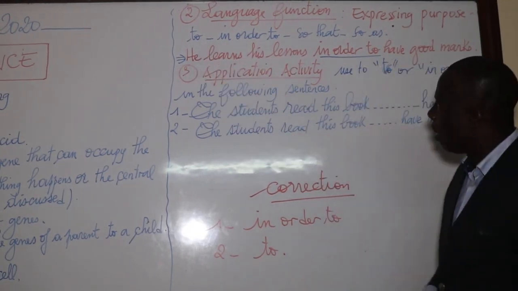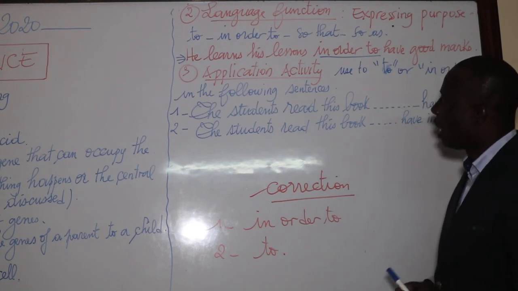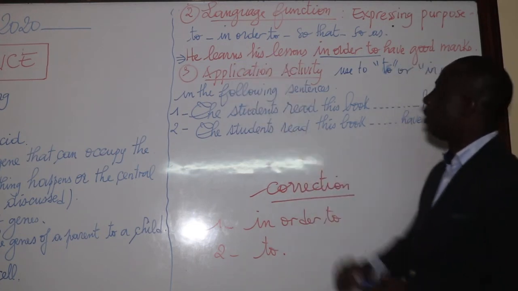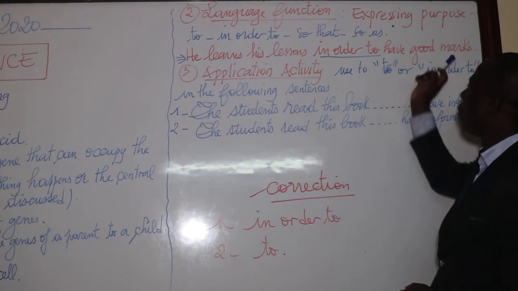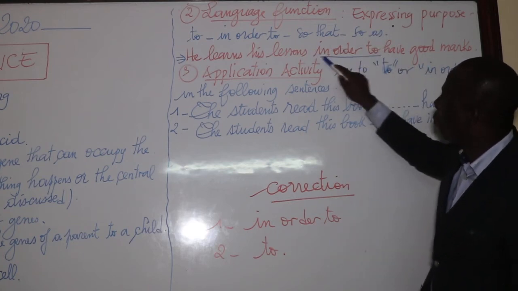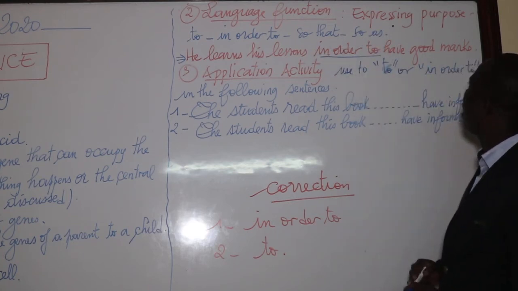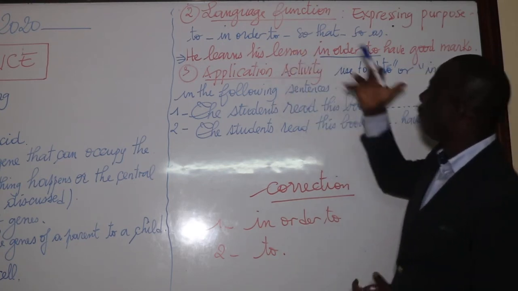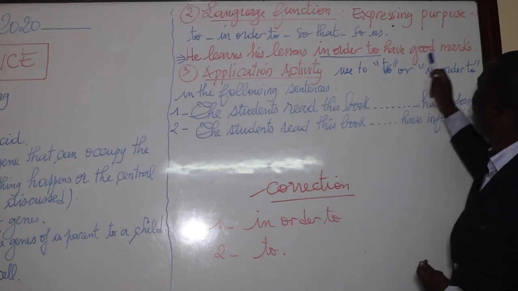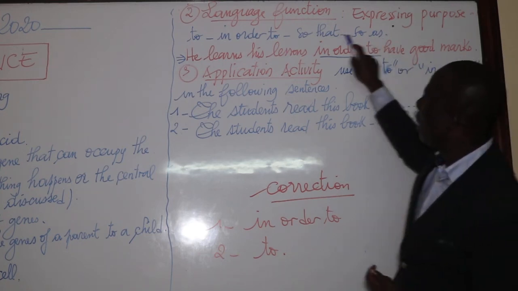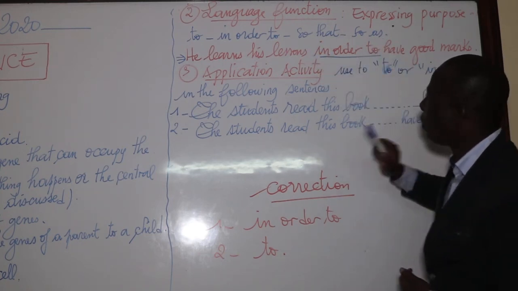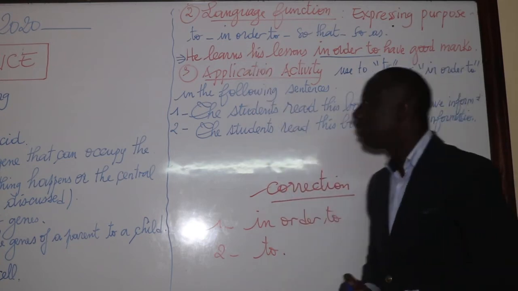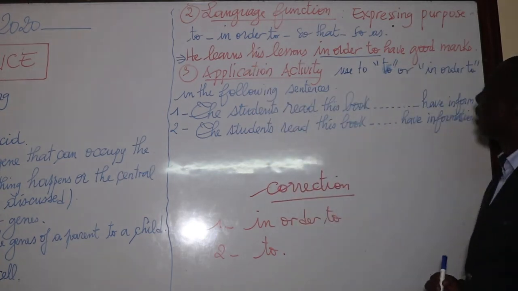As an example, we have: he learns his lesson in order to have good marks. We have in order to express the purpose. He learns his lesson, the aim is to have good marks. So we put the words here to express the purpose.